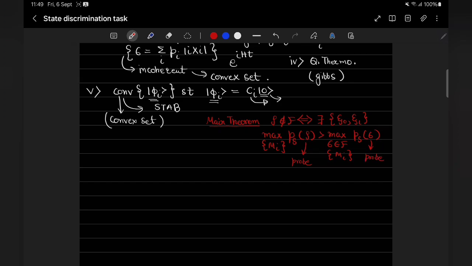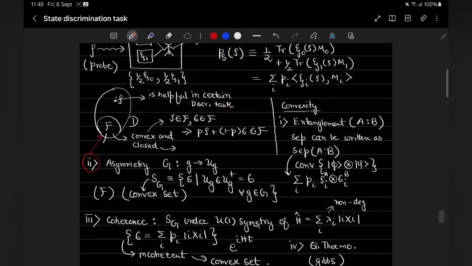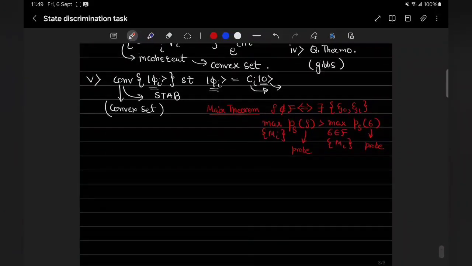So basically if you use this state as my probe, you are always guaranteed to get a better success. Now let's try to prove this theorem in the next video.